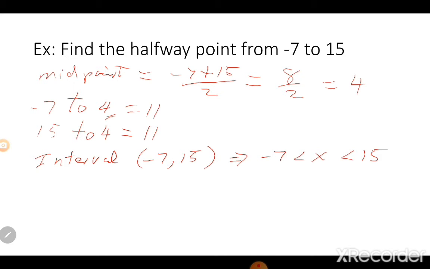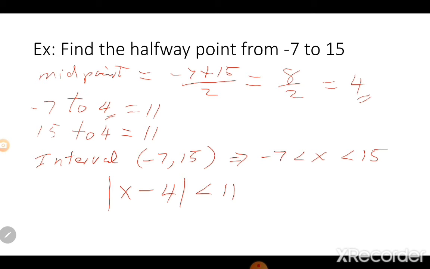Now, we could also write that interval using that midpoint. Using this midpoint that we have up here of 4 and the distance from the midpoint, 11. All right? So let's see how we can do it. We could do it using absolute values. So we use the absolute value of x, and we've got to subtract the midpoint. So that's a minus. And then we're going to say it's less than 11.